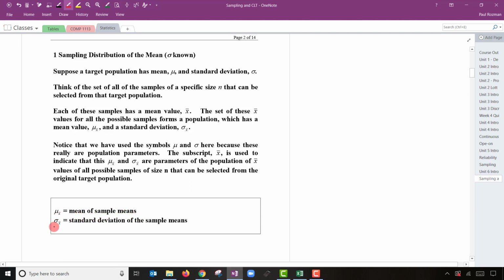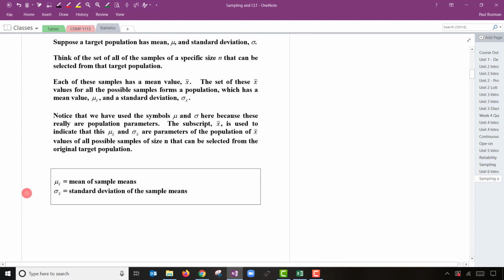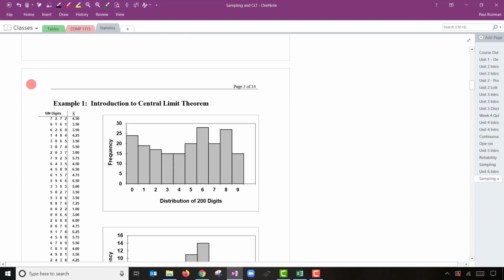And we'll also have a standard deviation of our sample means, measuring how spread out those means are. We'll call that the standard error, or the standard deviation of the sample means. So it's a fairly simple procedure here. I'll do a little example.